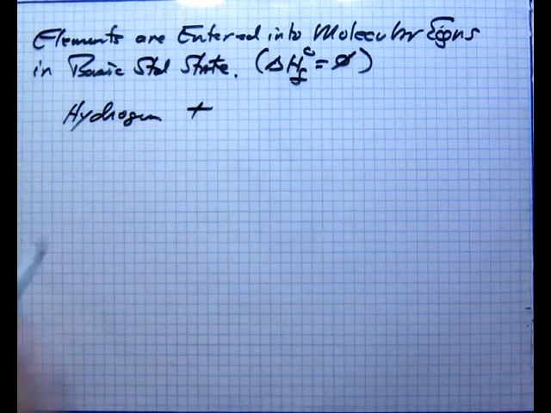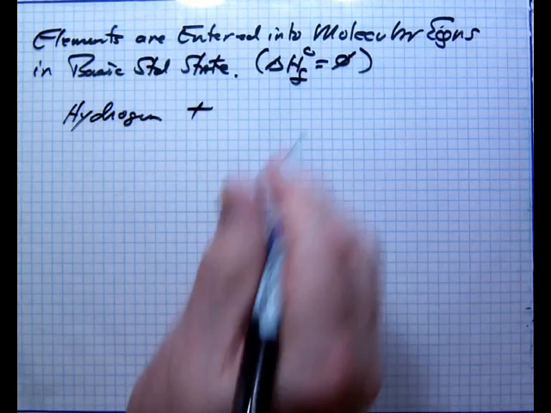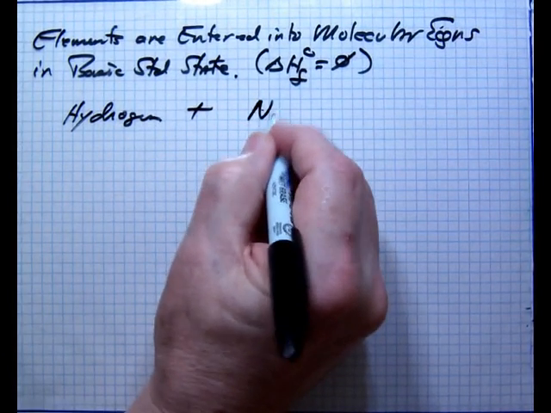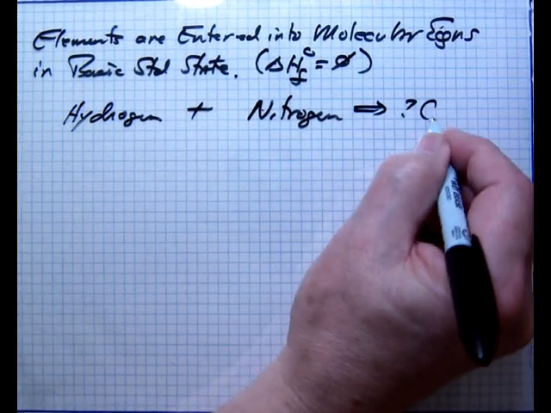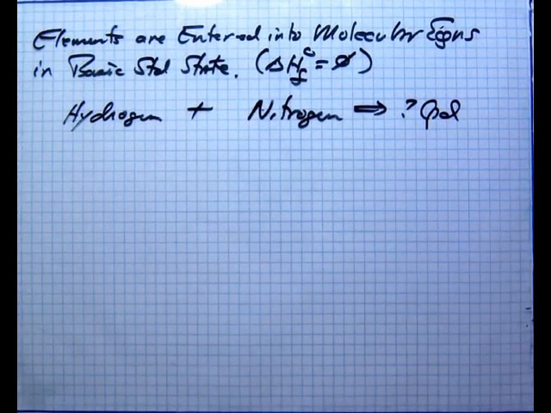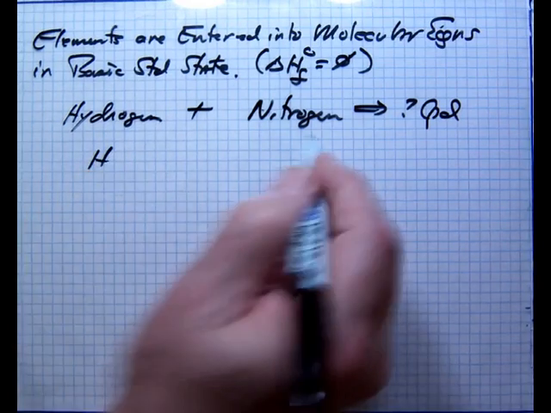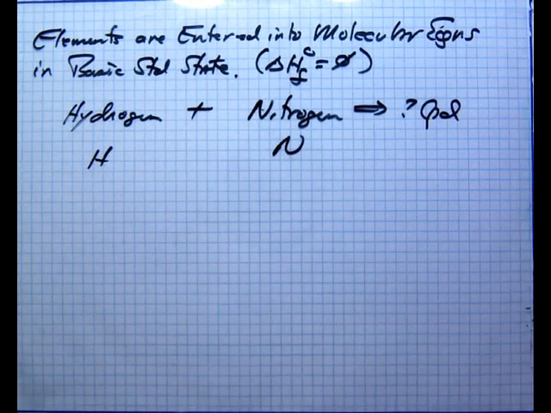So we had hydrogen plus nitrogen goes to some compound. What the compound is not important. But how do you know what form? You just don't write H and N and then balance the equation. You have to go to the book and look up what the form of the elements are.